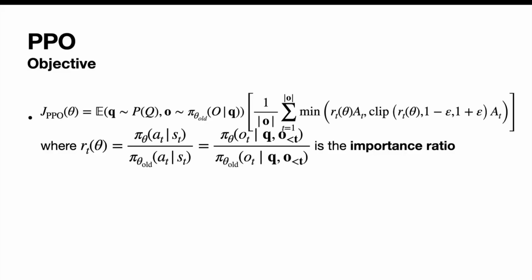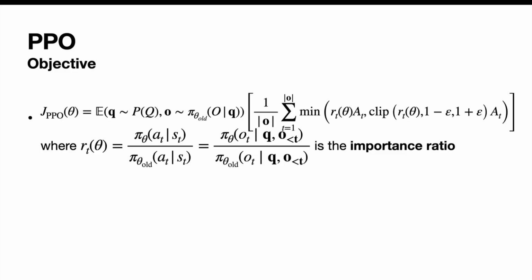The formula may look complicated at first, but the idea is simple. We want to update the current policy using rollouts generated by the old policy, while making sure the update is not too large. But why do we use rollouts from the old policy instead of the current policy? We will explain that next when we discuss the importance ratio.